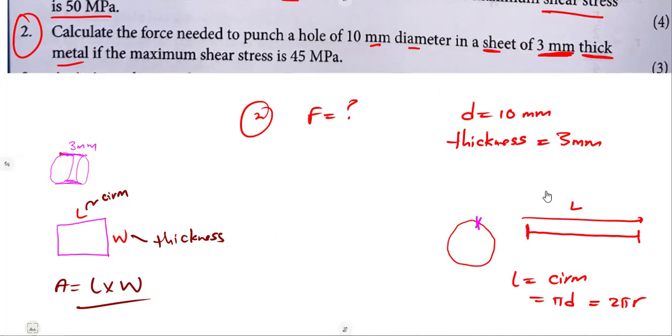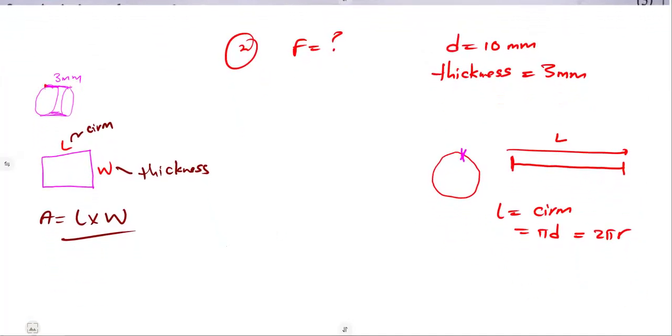So therefore, we can say our area at the end of the day can be calculated as the length, which is what? 2 pi r or pi d, because we said length is equivalent to the circumference, which is pi d. So in place of this length, we are going to substitute pi d times what?